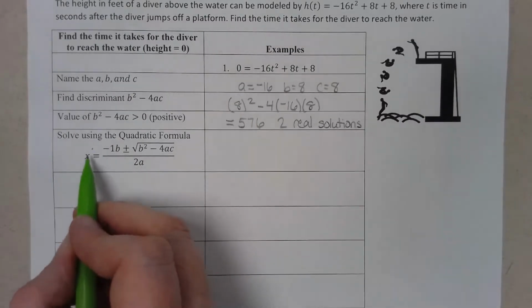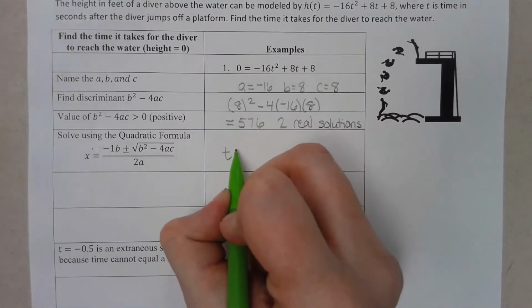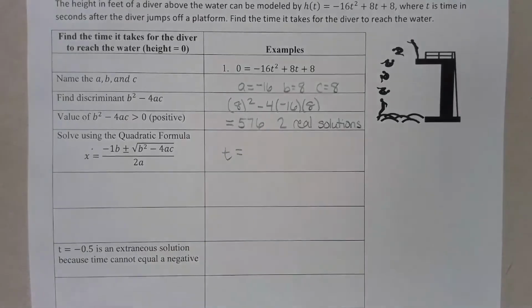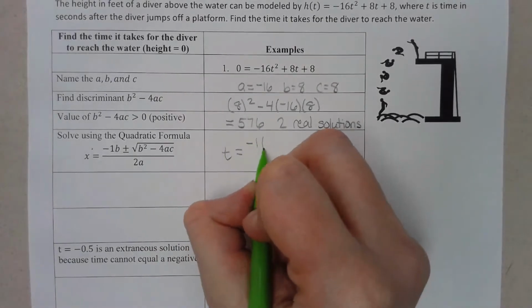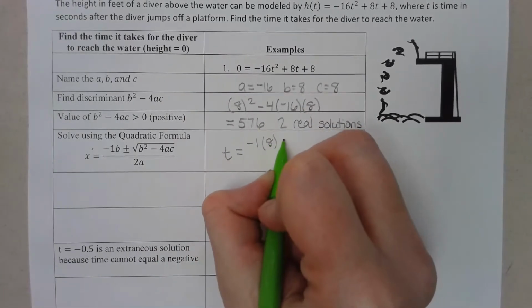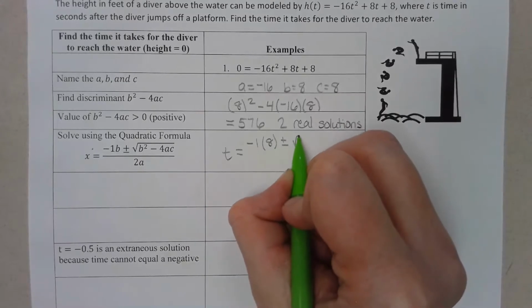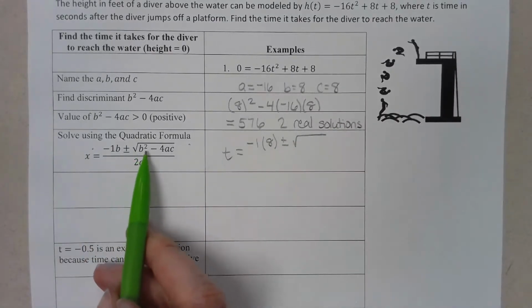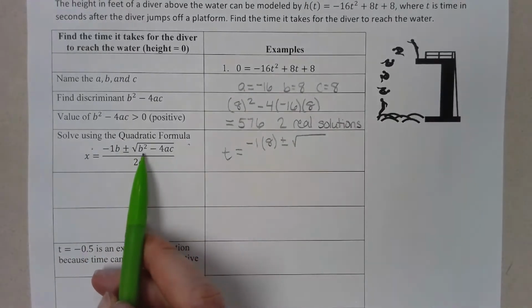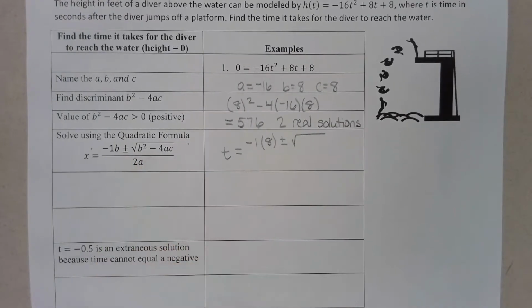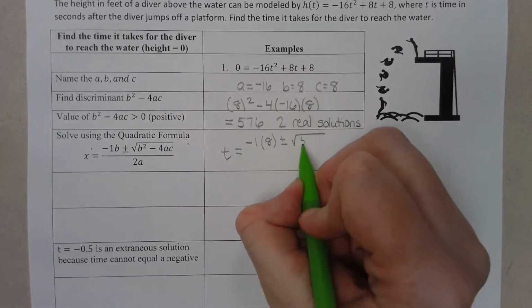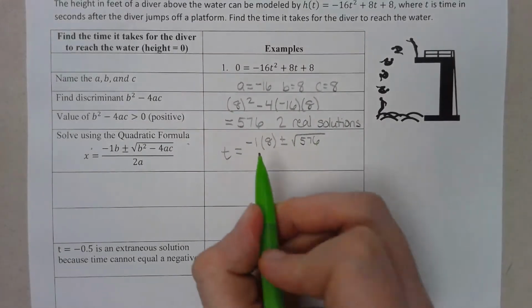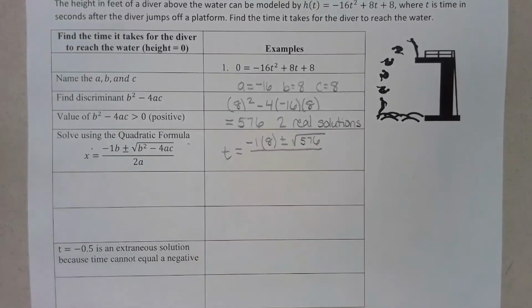t equals, or just t, since that's the variable we're working with in this problem, negative b plus or minus the square root. Because we've just evaluated the discriminant, that b squared minus 4ac, we can just substitute in that value, 576, rather than reworking b squared minus 4ac.